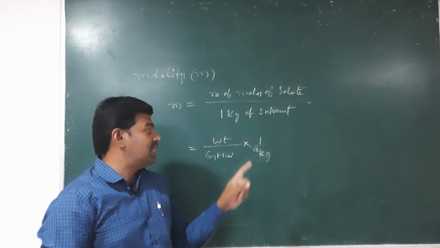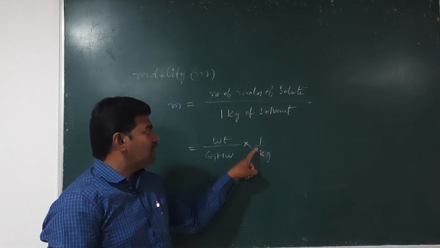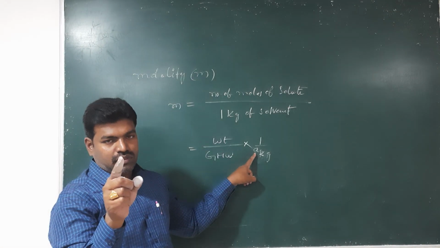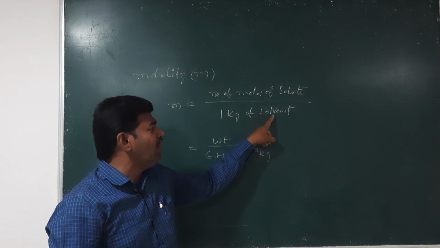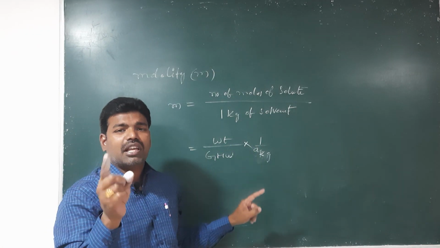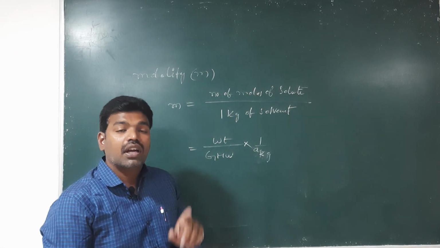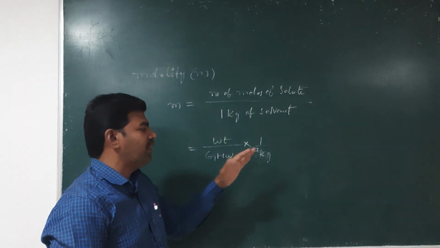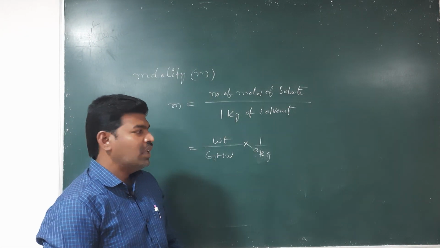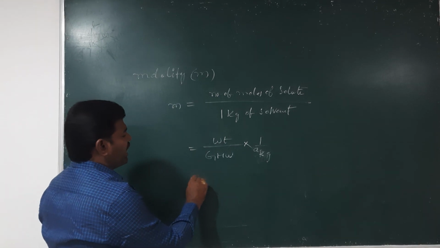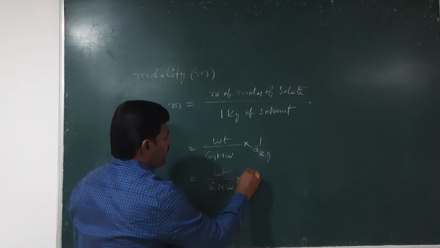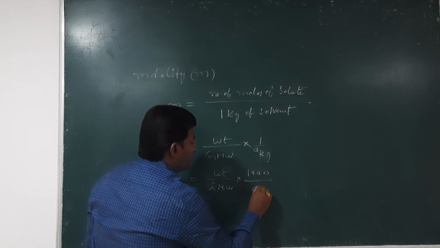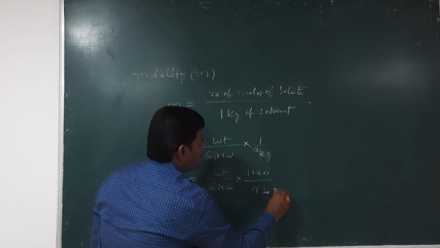Some chemists represent the solvent with A, and some with W. So 1 by weight of solvent in kg. We can convert this equation into grams: weight by gram molecular weight into 1000 by A in grams.